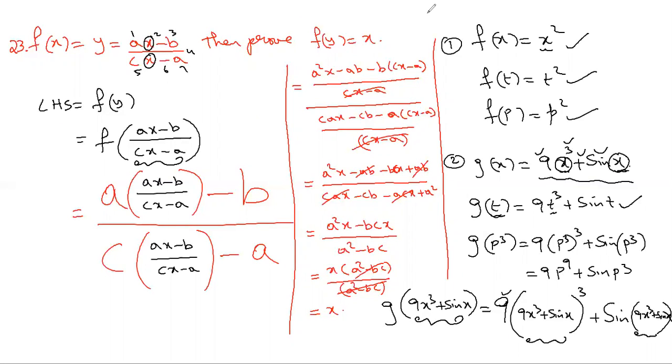So, one last problem. The f of x is equal to 1 by root of (x minus mod x).